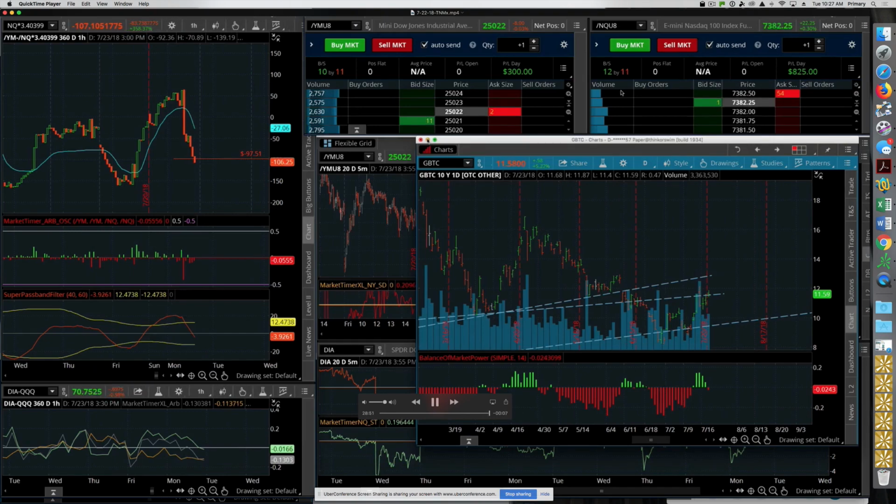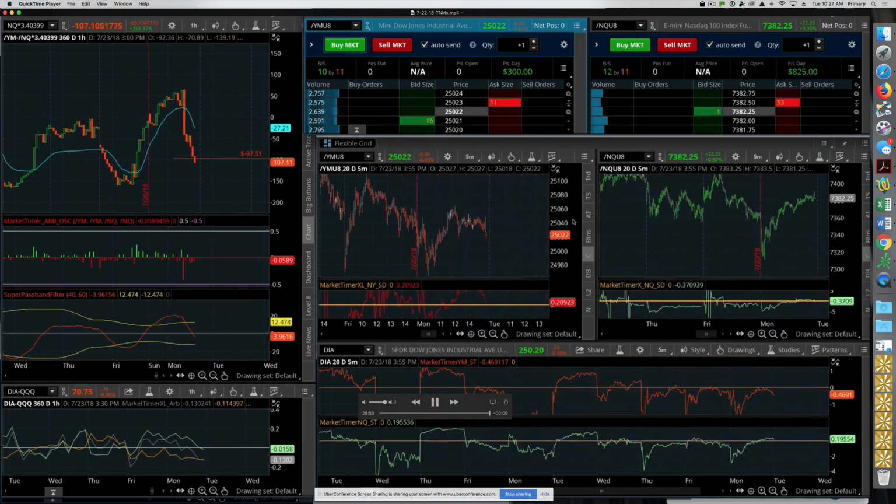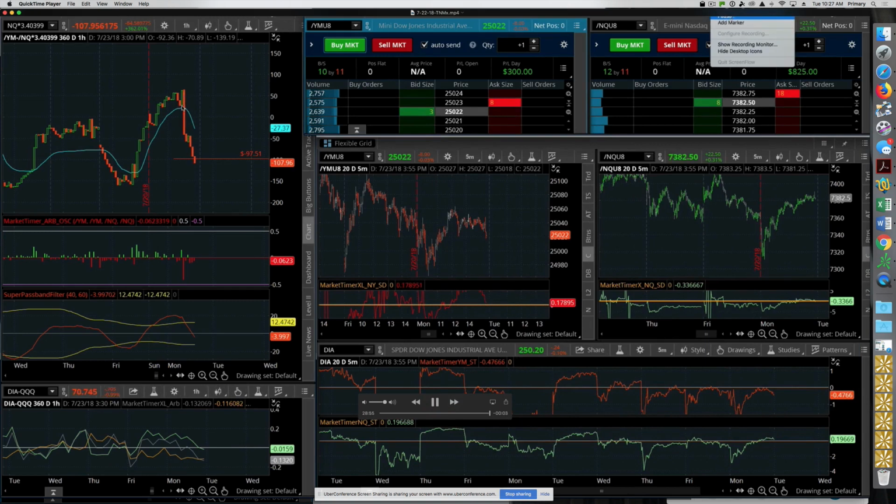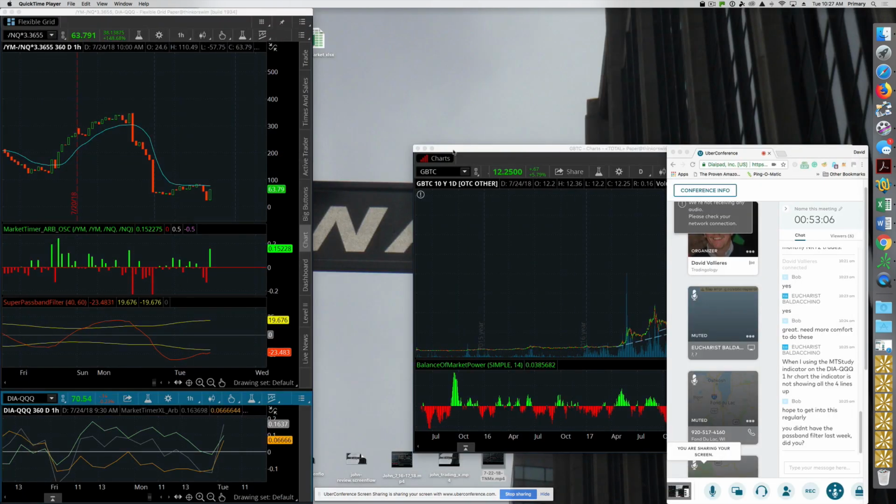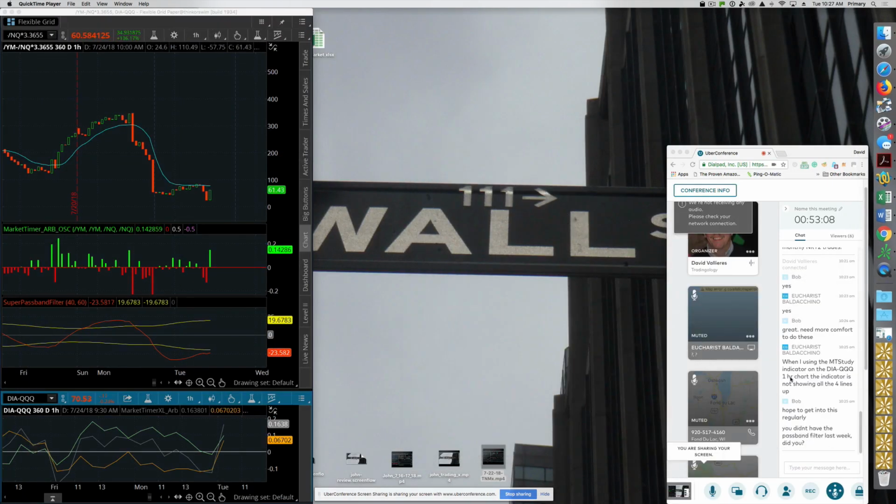No. Anyway, I was up 11.25 for the day, and you can see that the YMNQ just dropped right off a cliff. I hit it perfectly when the super pass band filter was up here and the arbitrage script started pointing downward. Just got into it absolutely perfect. I have some commentary I'm going to do, and I'll put it up on the website.